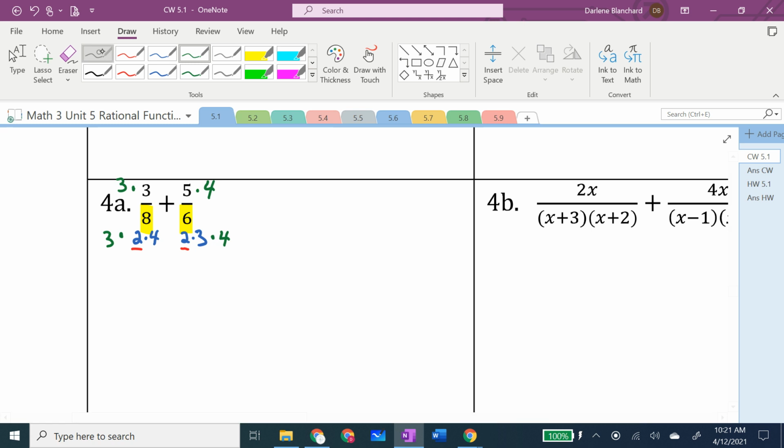And now 3 times 3 gives us 9 in the denominator. I have 3 times 8, 24. Second fraction, 5 times 4. And then 6 times 4 is also 24. Add the numerators, keep the denominator.